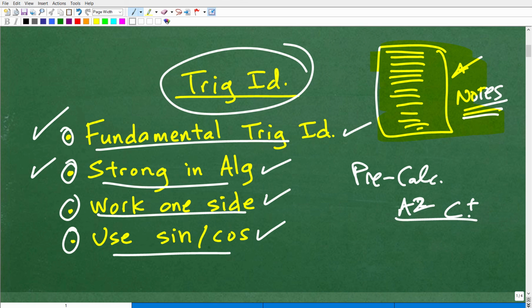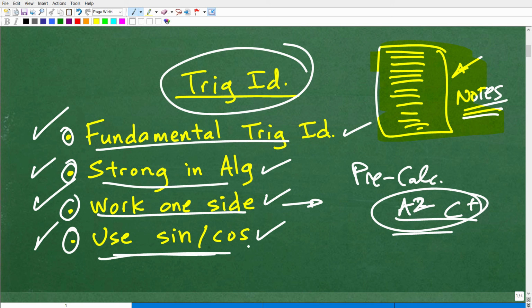Just because you are in pre-calculus, for example, and you took algebra 2, but if you didn't really do as well as you could have done, then you probably need to review. And a course like pre-calculus is rigorous, so any weak areas are going to come out. Just go back and address those, improve in that, and it'll make everything go better. Work on that complicated side, get it to look like the easier side. And typically working with sine, turning everything into sine and cosine is a great technique.